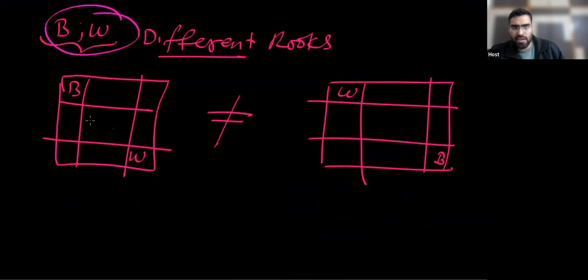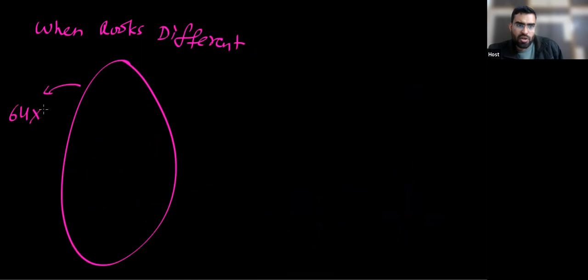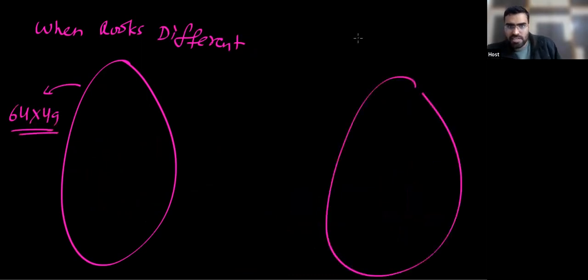Basically, here these two can be arranged in two factorial ways. So here you can apply the division principle. When rooks are different, your answer is 64 into 49. But what happens if your rooks are the same?